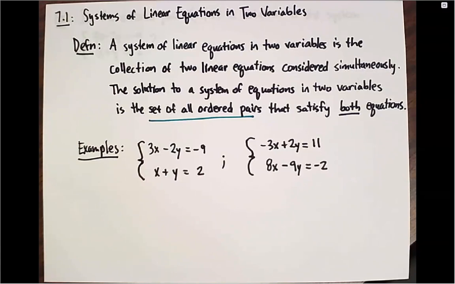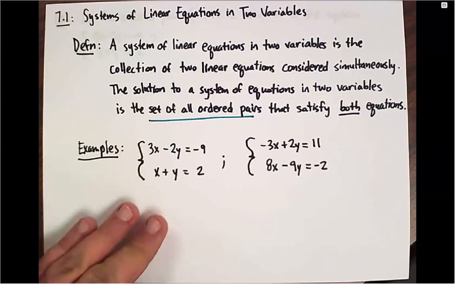So the solutions of these graphically are the points where the lines cross, the point of intersection. They either cross at one point, or they cross at infinitely many points, or they don't cross at all.